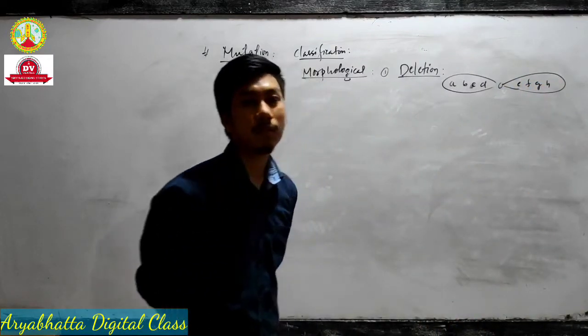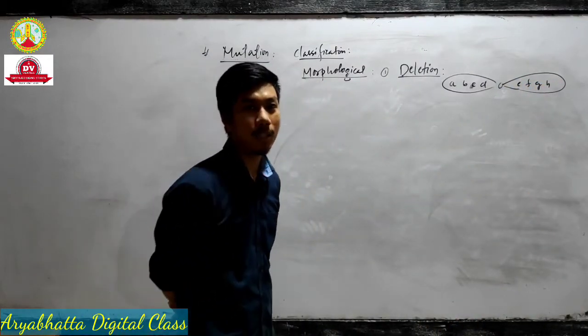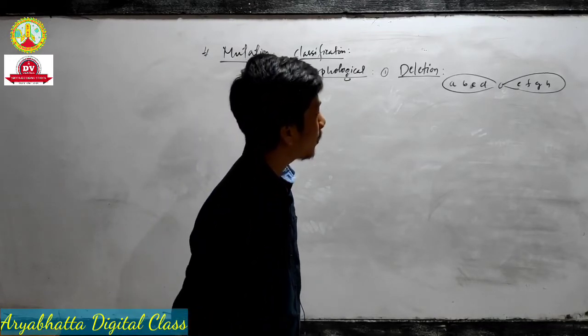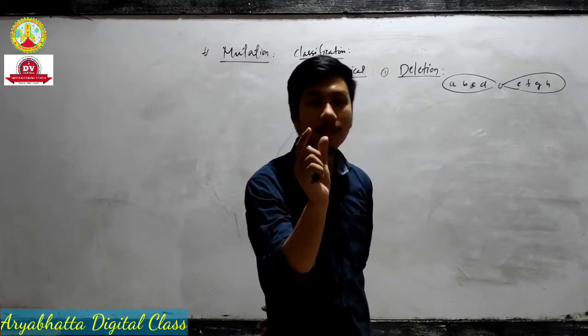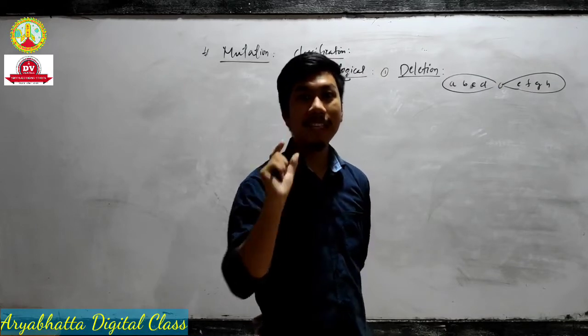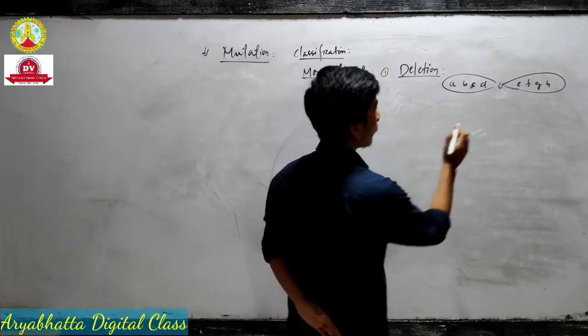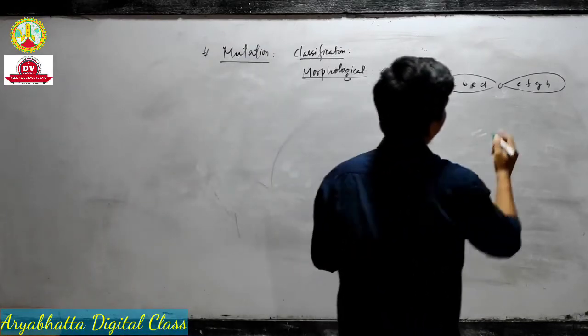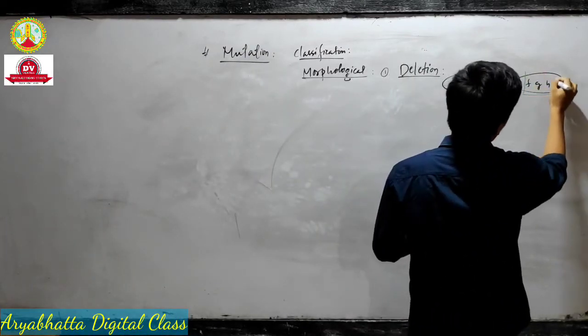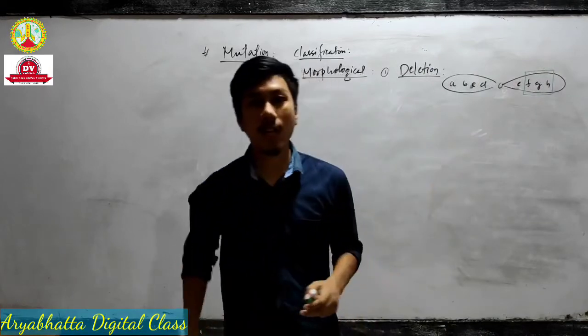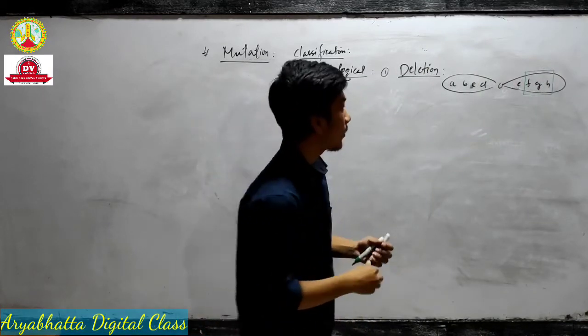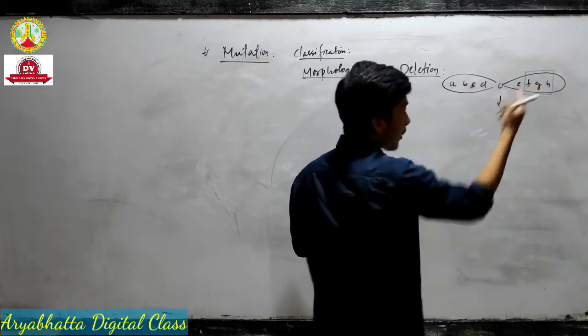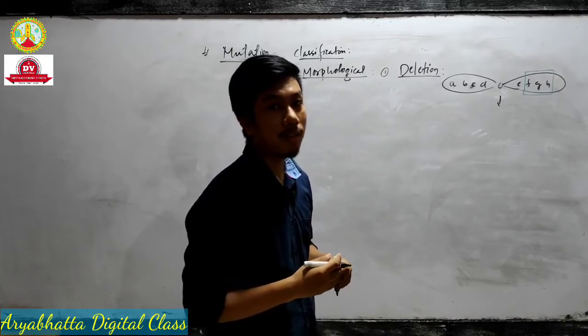So in a chromosome there are genes a, b, c, d, e, f, g, h. In case of deletion, some segment of genes in a chromosome gets deleted. Suppose, for example, this part here in my diagram, f, g and h get deleted. What happens when these genes f, g, h get deleted?